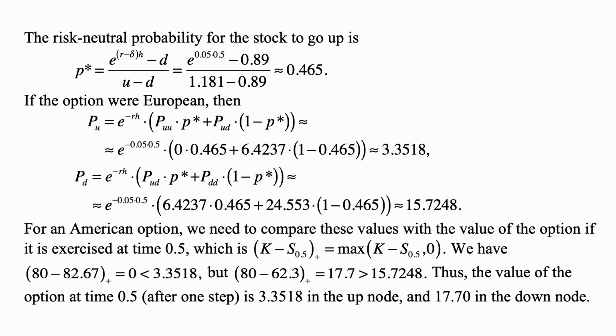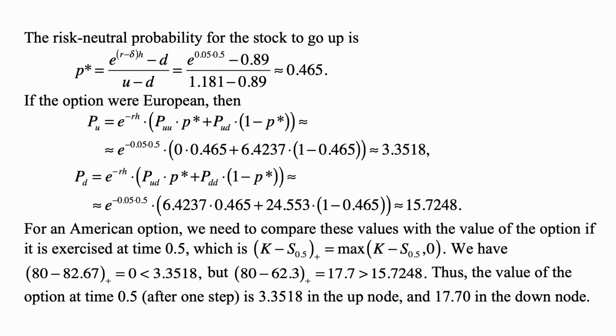in the state where the price of the stock is 82.67. But in the state where the price of the stock is 62.3, the immediate exercise produces a payoff of 17.7, which is more than 15.7248, which is the expected present value in that state of the future payoffs.